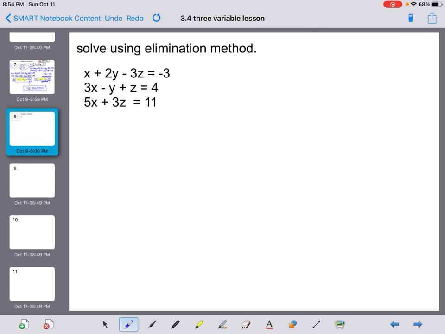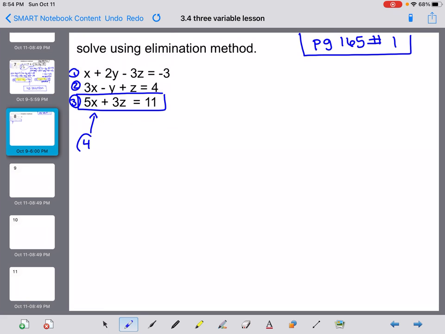All right, so here's another example. And this is going to be similar to page 165, number 1. Okay, so what's different about this system is that the third equation only has 2 variables, and so that jumps out and grabs my attention. This is great because if we call these equations 1, 2, and 3, this can also be equation 4.